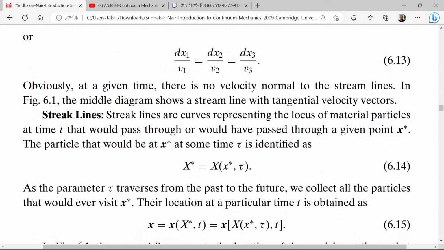Streak lines are curves representing the locus of material particles at time t that would pass through.